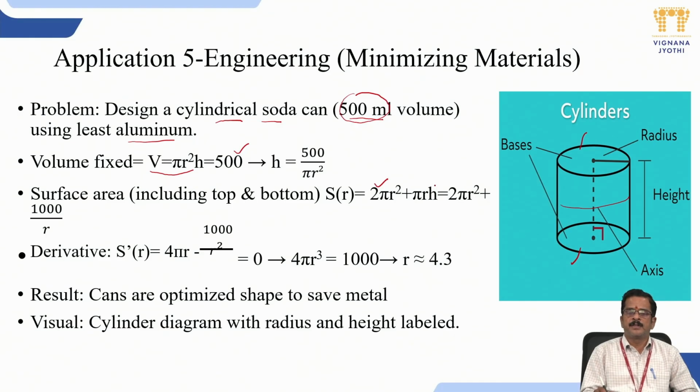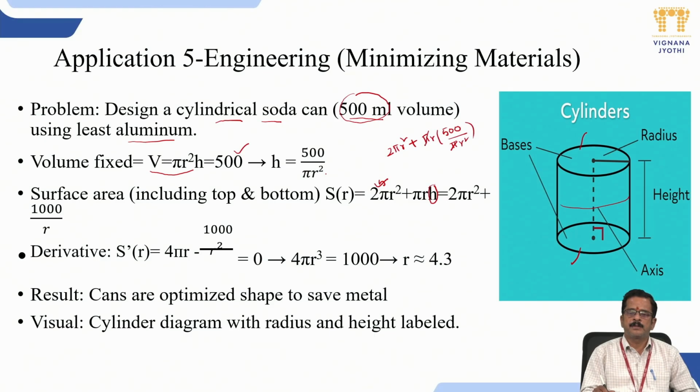In this, h is 500 by pi r square, so we substitute that. The curved surface area is 2 pi r h, so 2 pi r square plus 2 pi r into 500 by pi r square.